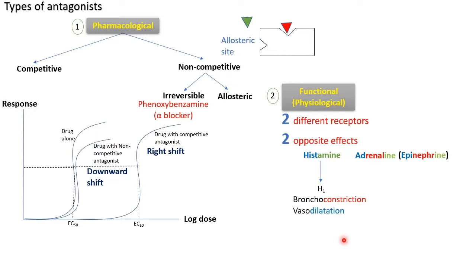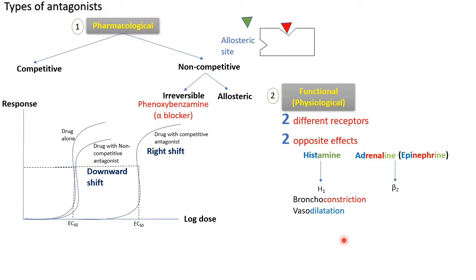It doesn't block the H1 receptor. But adrenaline acts on other receptors. And by acting on these receptors, it causes actions that are opposite to the actions of histamine.